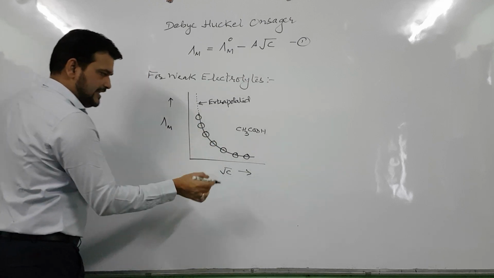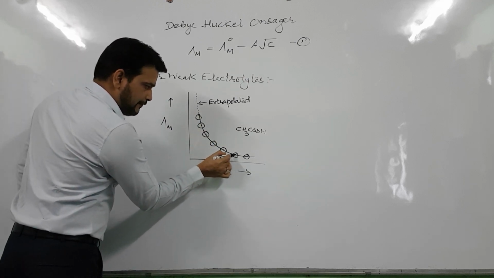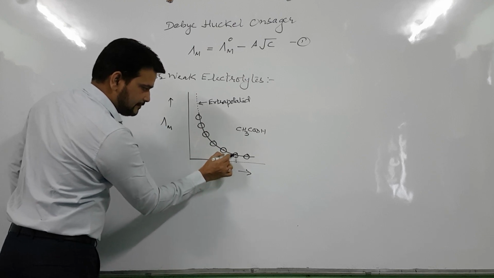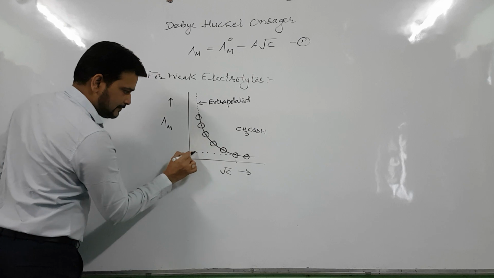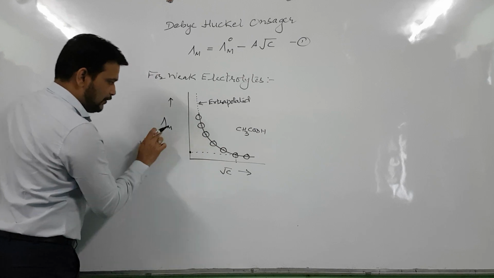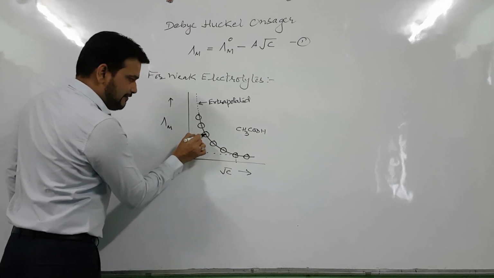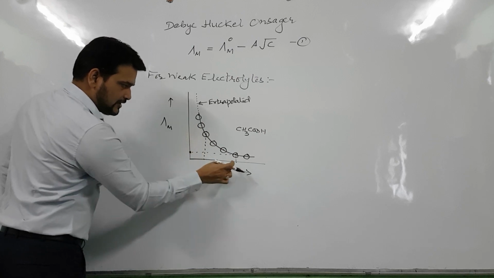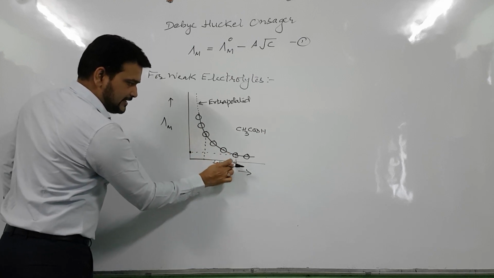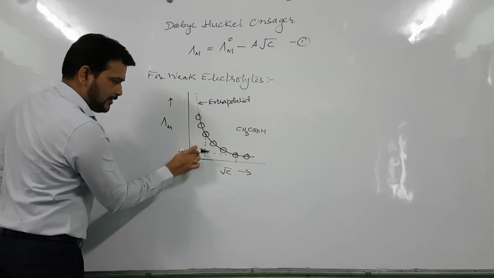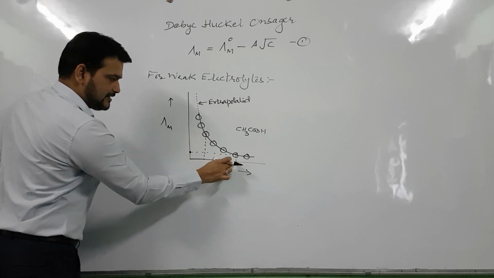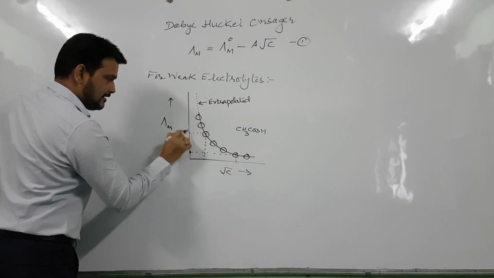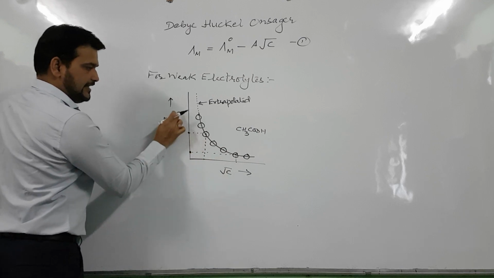Here, for this particular point, this is the concentration and this is the value of molar conductance, and when this other point is reached, this is the concentration, meaning concentration is decreased and molar conductance is increased.